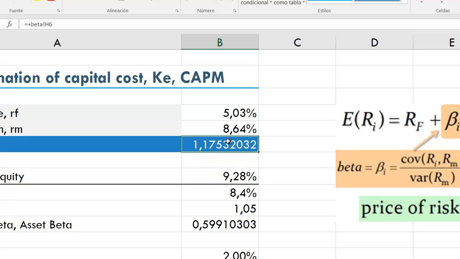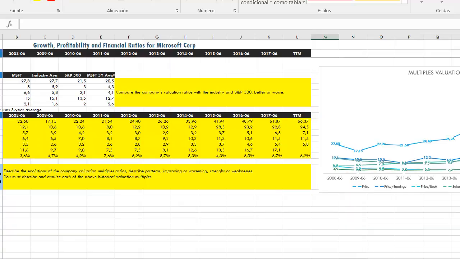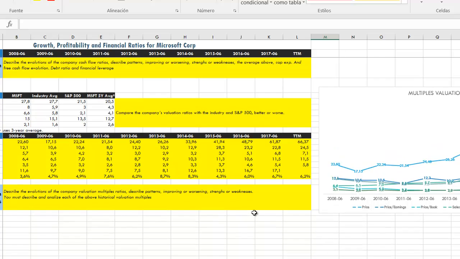The beta we have here is a levered beta. It's a beta that is affected by the company's debt level, the company's leverage. We also need the unlevered beta, which is on cell B18. In order to get that one, we need the tax rate, which is located on the key ratios sheet.